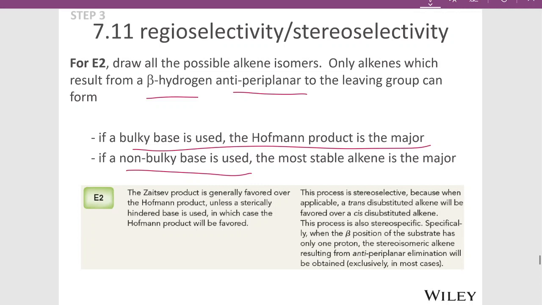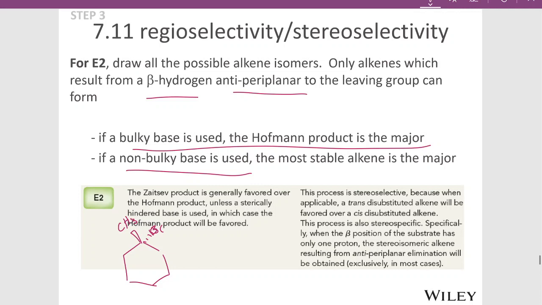So let's consider that. So let's say we had something like this. Let's say we had methyl, bromine. Okay, that's a bromine. All right, let's do this.